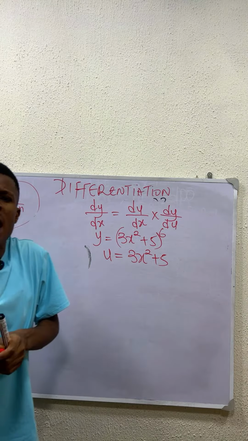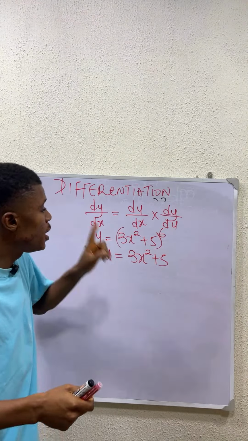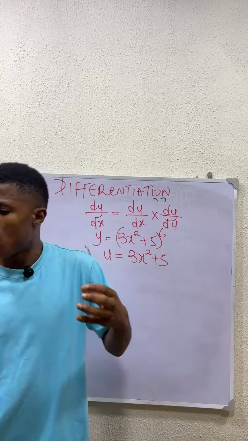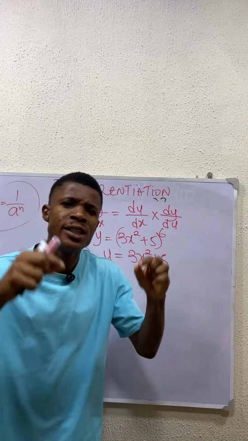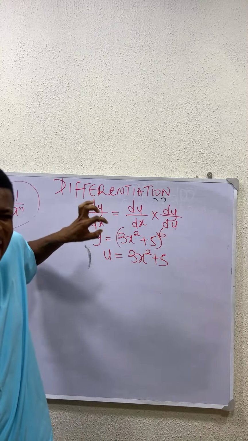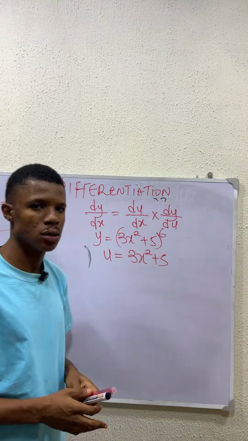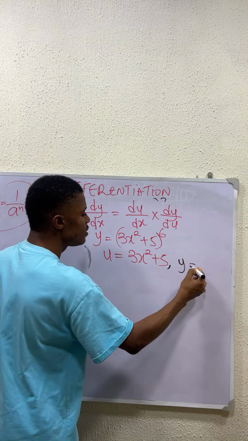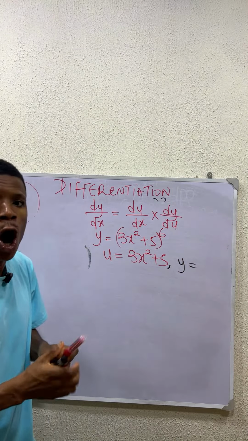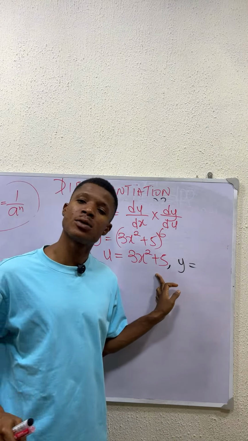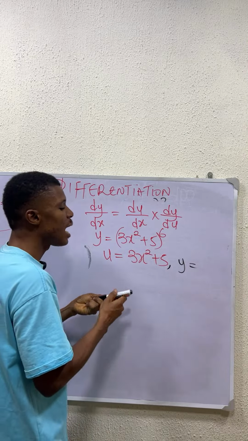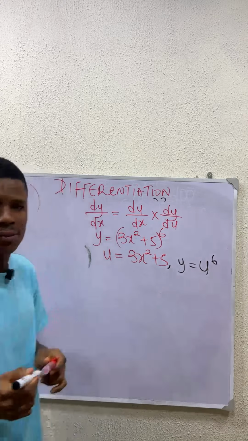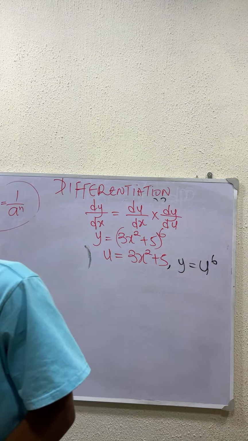That is my u. You can call the u anything, sometimes you can use z. But all you have to do is to call the u the term inside the y function, so instead of writing all these stories 3x squared plus 5, you just have to write y equals u to the power 6. That's where the chain comes in.